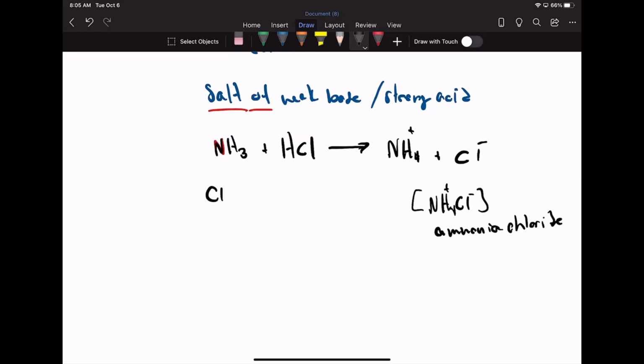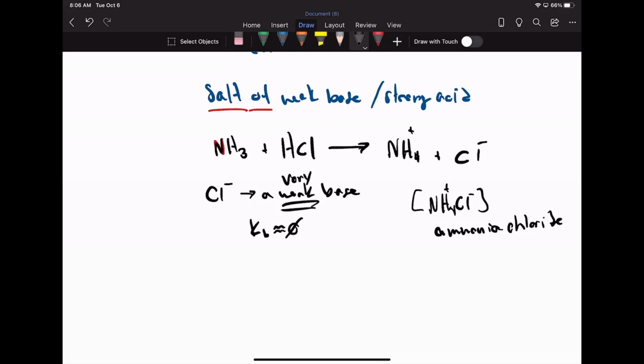And when we're looking at Cl minus, this is a very weak base, and the Kb here is almost zero at this point, right?